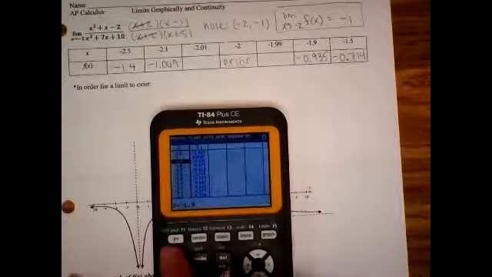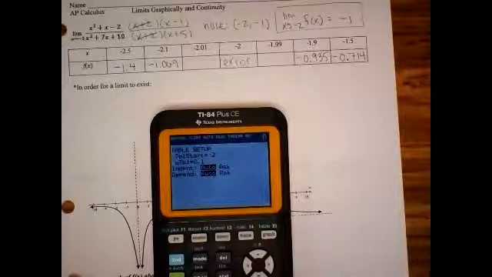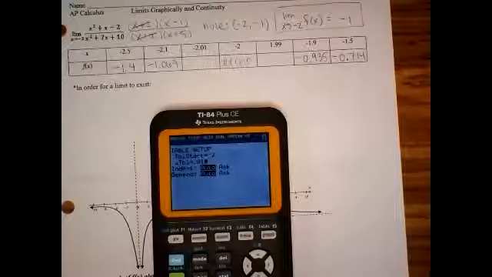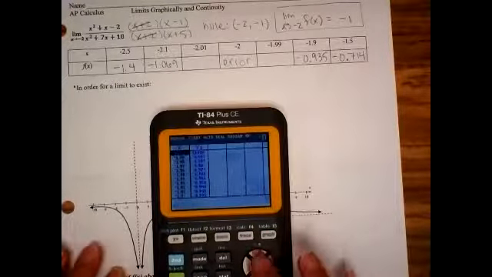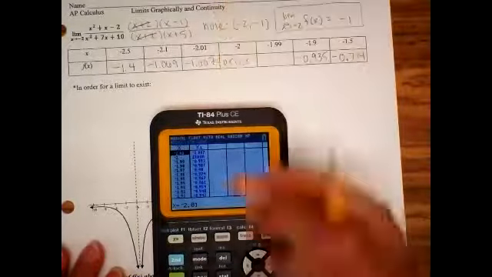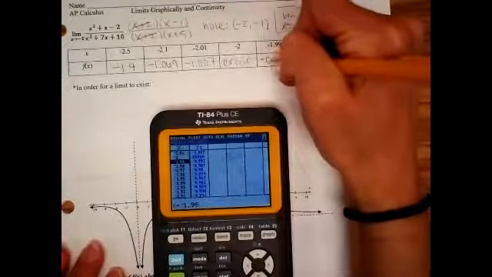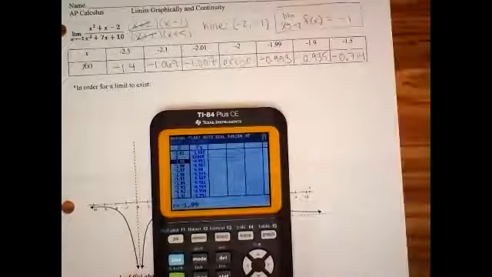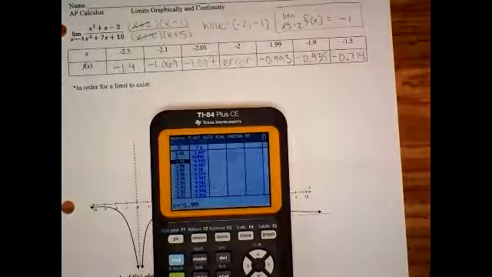And then I'm going to do one more. Now we're going to count by 0.01. Do you see how I'm changing the increment to be smaller and smaller and smaller? So this is -1.007 and -0.993.